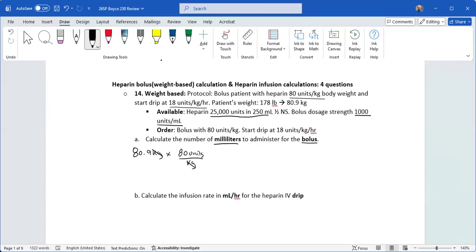Now, I can set this equal and find out what the units are, and I think that's what I'm going to do this time around, but I'll probably work through it again and won't do it this way. You can either just set up your next conversion and convert units to milliliters at this point, which is what I typically do, or if you want to set it equal, you can, whatever's convenient for you.